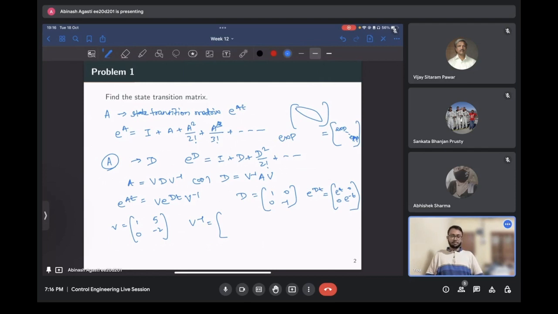Give me the inverse of this matrix, the V matrix written here. Come on, anyone?